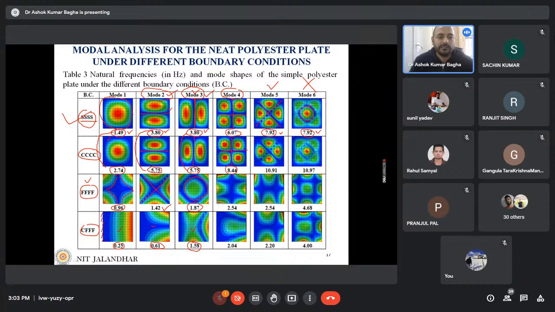When it is free, the mode shape is different. When it is cantilever type, the mode shape is different. It means that, using software like Abaqus, it is possible to make a model of the matrix with fiber reinforced inside it, and then do the modal analysis easily.